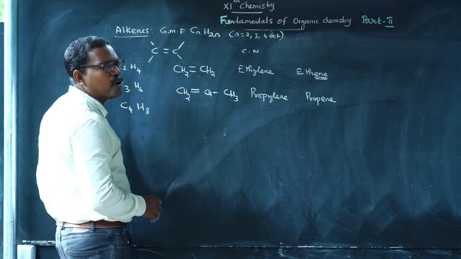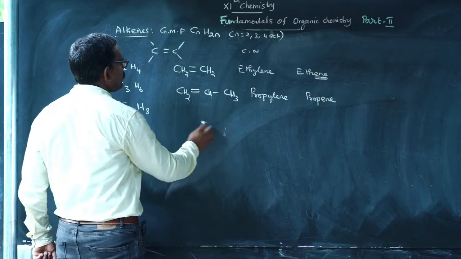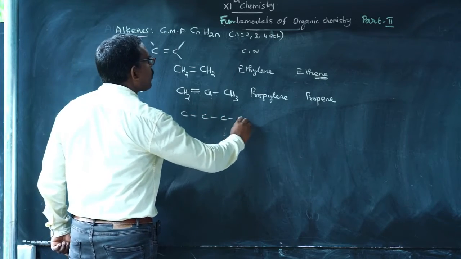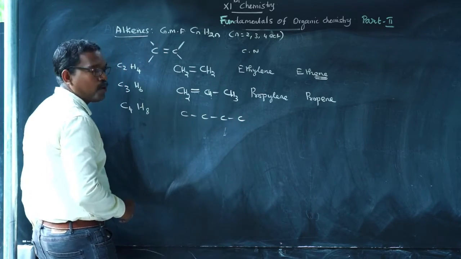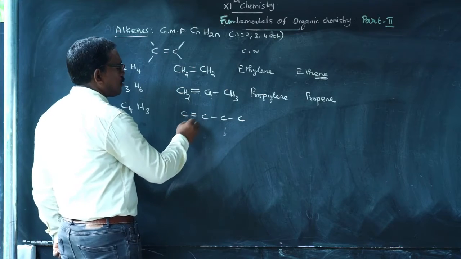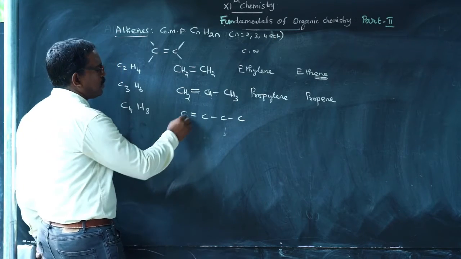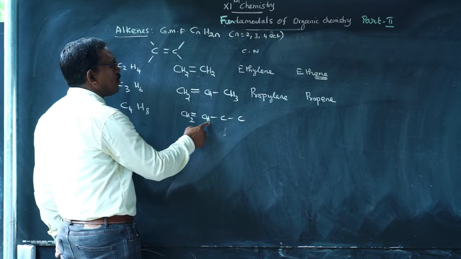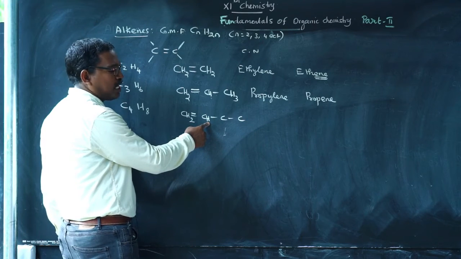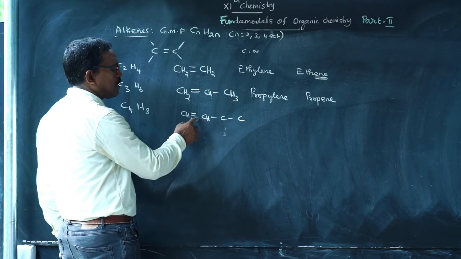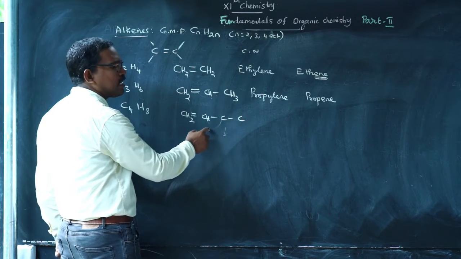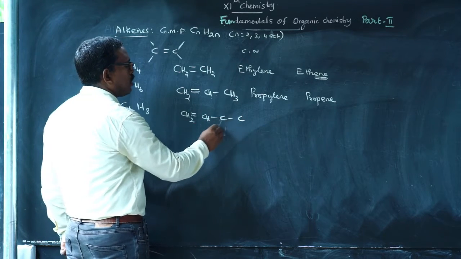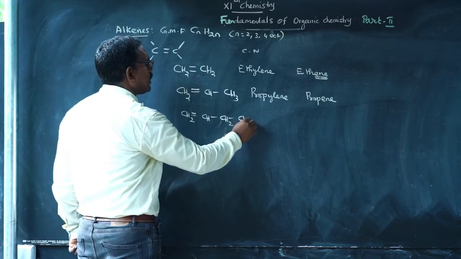C4H8, totally 4 carbon atoms. First you put the double bond at one place: CH2, CH. Why are we putting only a single hydrogen? Because this carbon is surrounded by 3 bonds. So CH2, CH2.